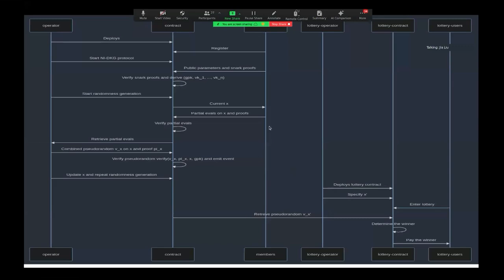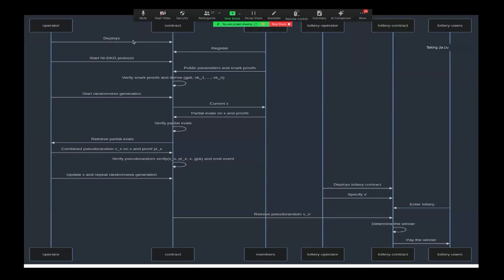We built a demo to show how to run the zkRand protocol on chain within a Solidity contract. And also we have a simple lottery example to show how to use the random outputs. For the zkRand protocol, we have a zkRand operator, a contract, and a few members here.